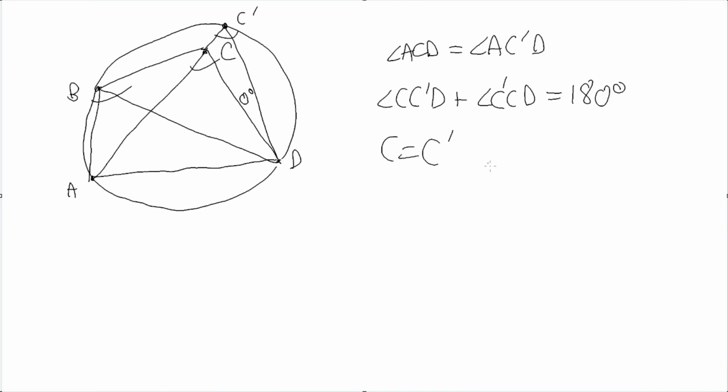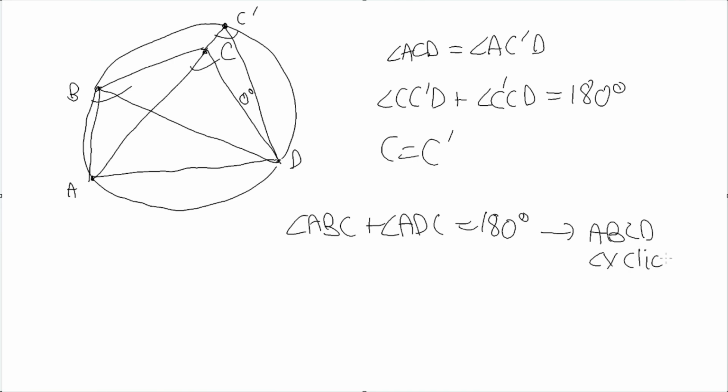And I'll leave the other cases up to you, like the proof that angle ABC plus angle ADC equals 180 degrees implies that ABCD is cyclic. I'll leave that up to you to figure out. All of the cases are very identical to this one.